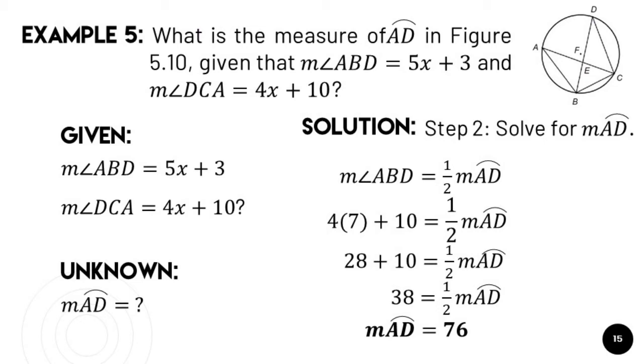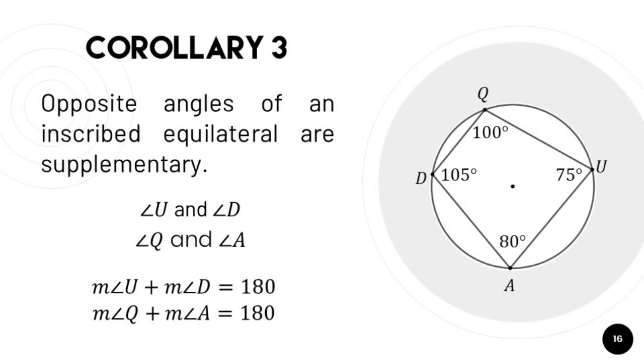Substituting 7 for x, we will have 4 times 7 plus 10 is equal to 1/2 times the measure of arc AD. Combining like terms, we will have 38 is equal to 1/2 the measure of arc AD, giving us the measure of the arc equal to 76.